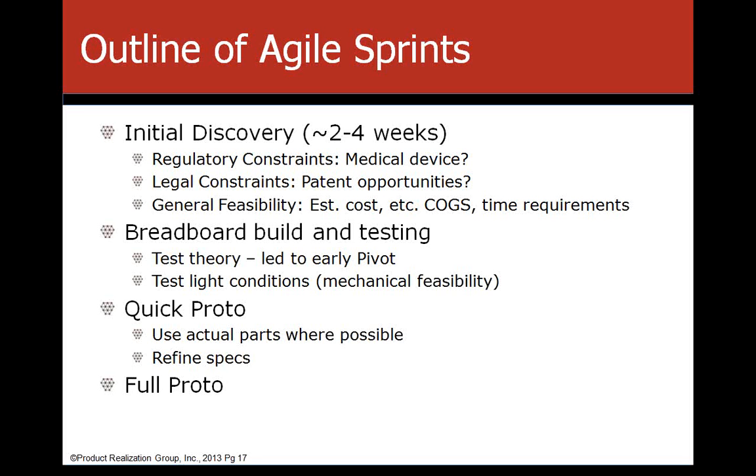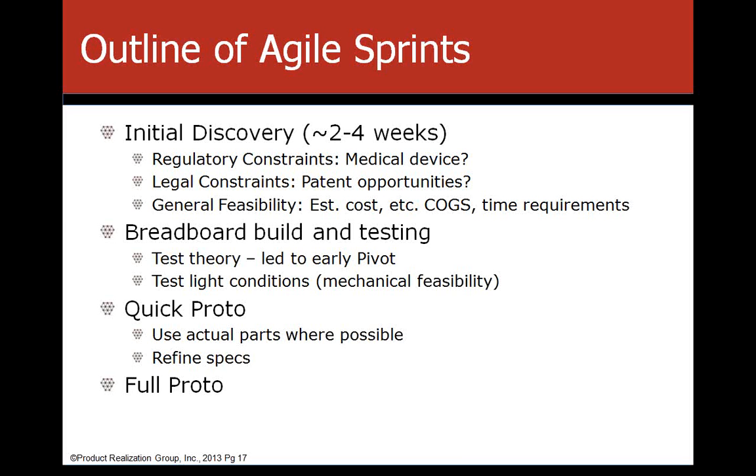As we'll get into in a moment, there were a few different aspects going on, and there was a lot of concurrent engineering. So through the initial discovery, we were able to look into regulatory, legal, market feasibility, all simultaneously while we were actually testing out the product itself, building the breadboard, and building quick protos.